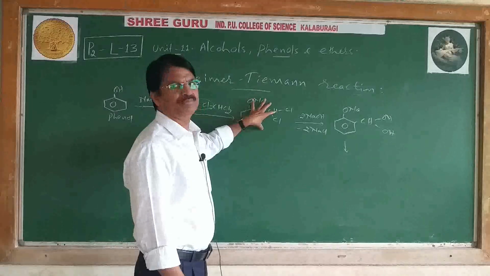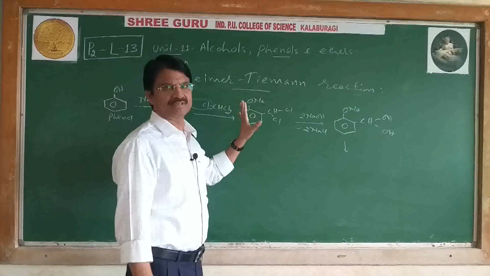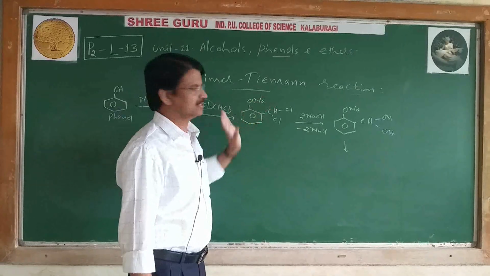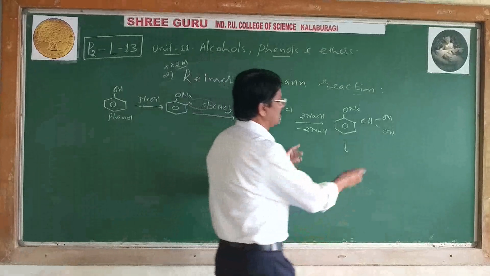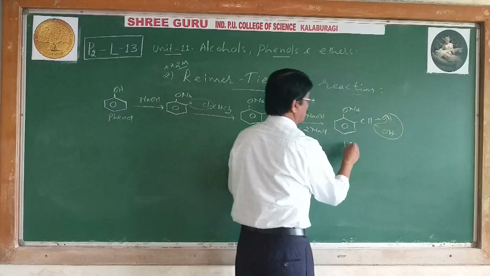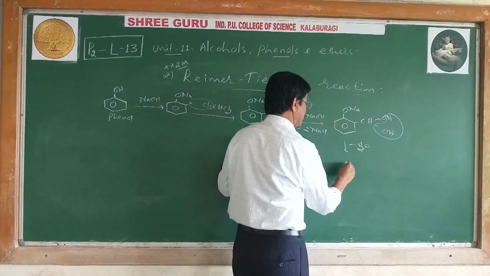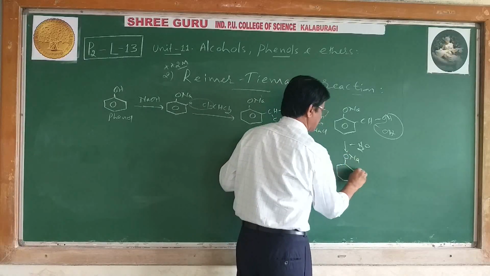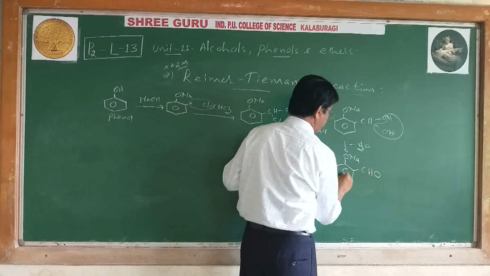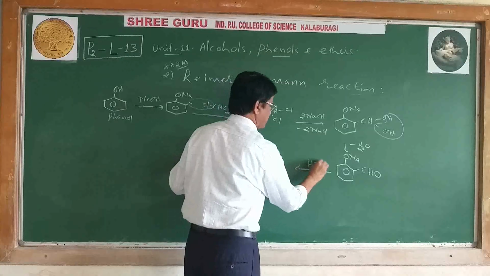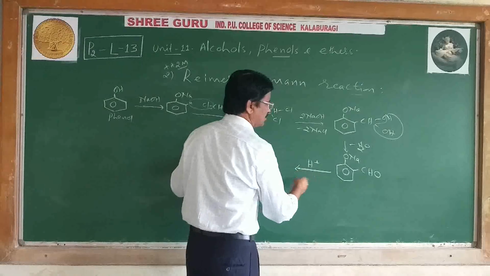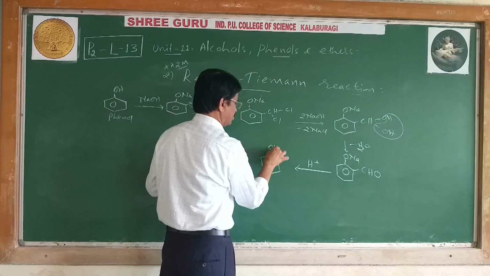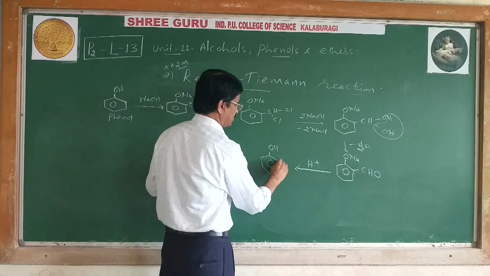But this is a compound formed as an intermediate, not a reactive intermediate, it is simply a compound formed, right? Next, this molecule is unstable, it loses water, it can form ONa and CHO. Further, on acidification with dilute HCl, meaning H plus, it can give OH and CHO.